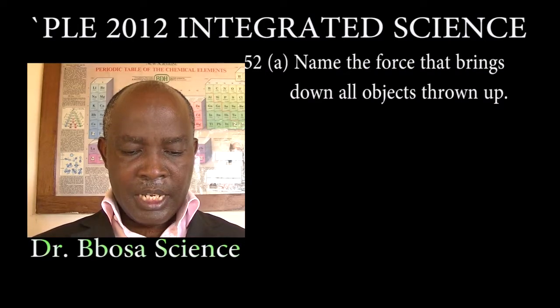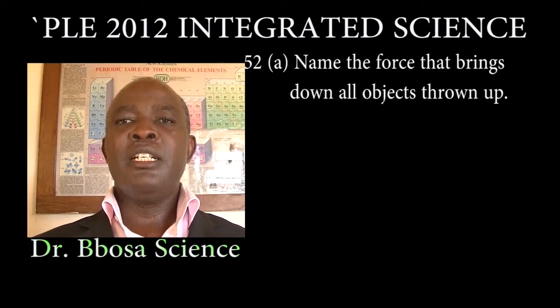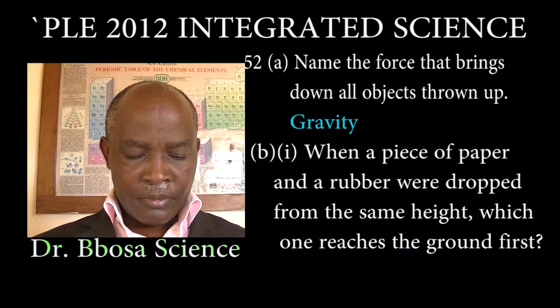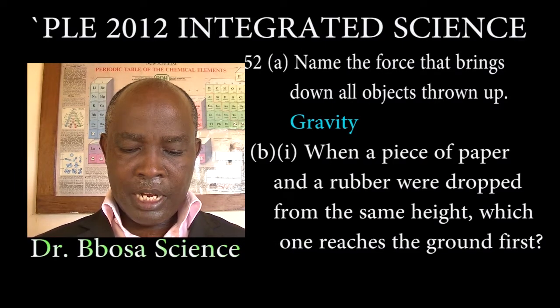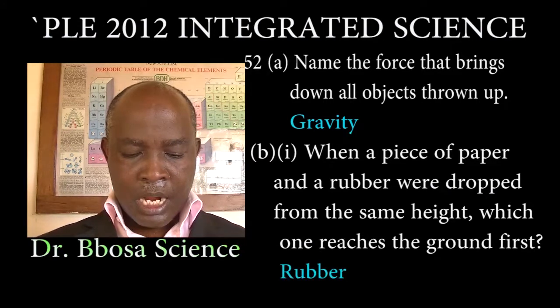Number 52A. Name the force that brings down all objects thrown up. It is gravity. B1. When a piece of paper and a rubber were dropped from the same height, which one reaches the ground first? Rubber.